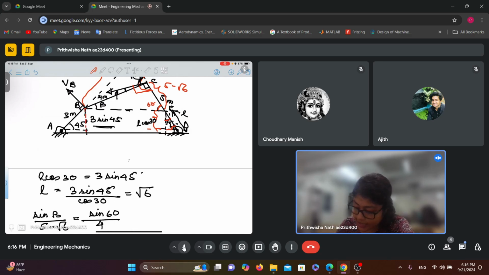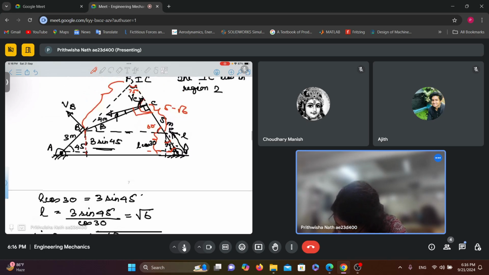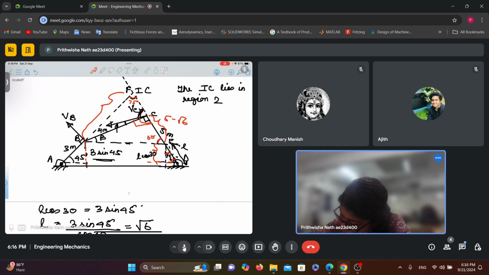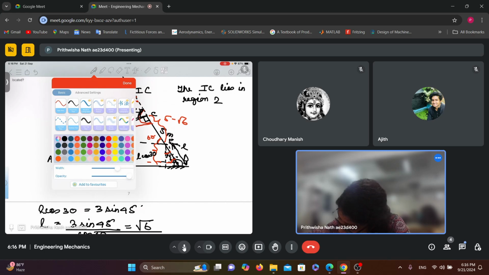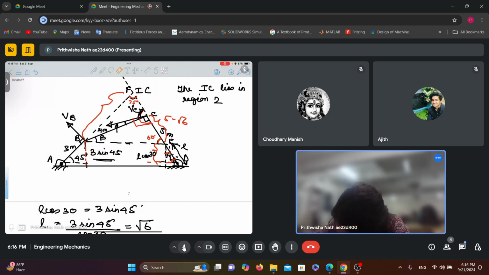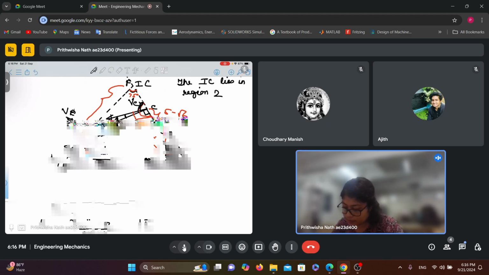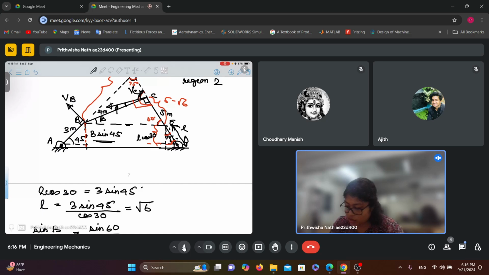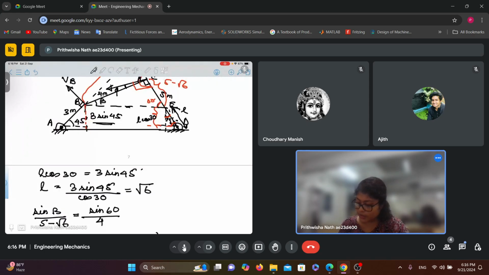Similarly, assuming this length CE, so this is E. This point is E. So assuming this length ED to be L, I can write L cos 30 is equal to 3 sine 45, right? Because both are at the same height. So from there I can calculate L, which comes out to be root 6.